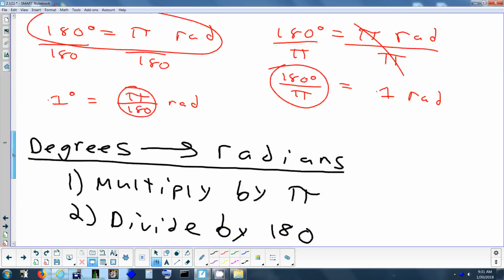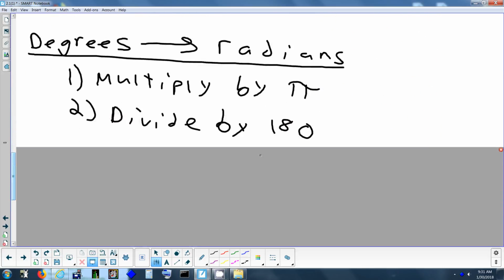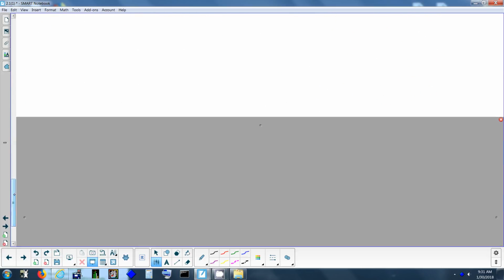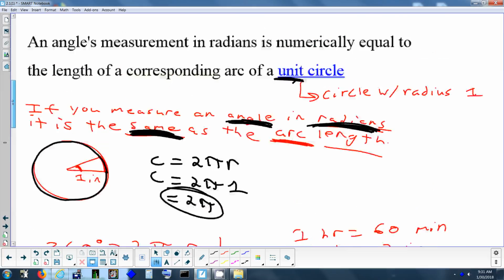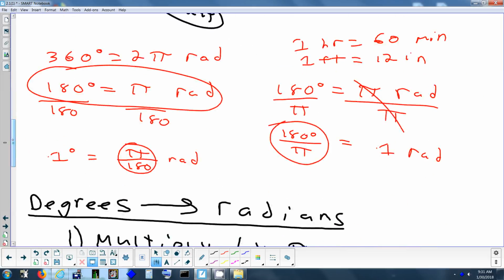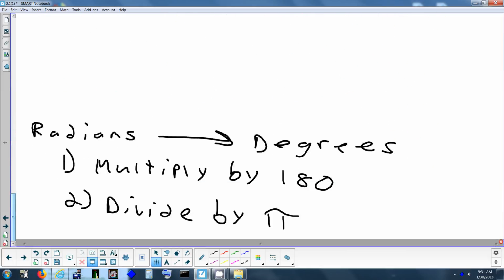Those are the 2 steps to convert from radians to degrees. Multiply by 180, and then divide by pi. What do you mean, multiply by pi? Multiply by pi and divide by 180, yes. Okay, 180 is in the top, pi is in the bottom. So multiply by 180, divide by pi.